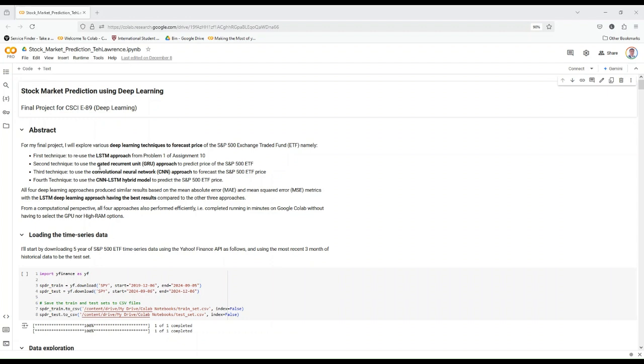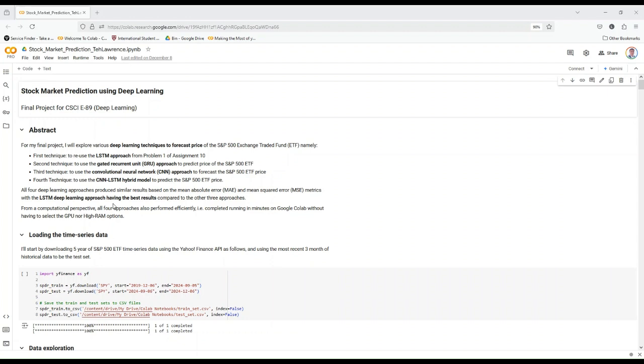Number three, I decided to try out CNN, a convolutional neural network approach, to forecast the price of the S&P 500 exchange traded fund. The last approach I decided to try is a hybrid approach, combining CNN, the third technique I chose, and LSTM, the first technique I chose.